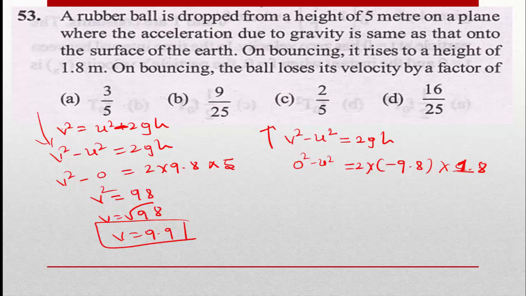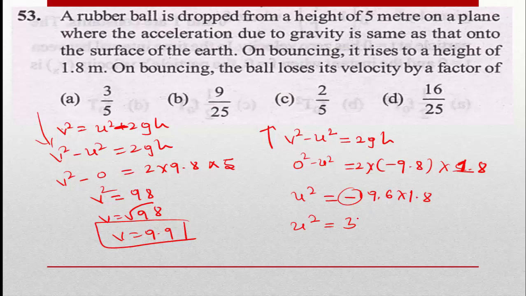Therefore, u square is equal to 2 into 9.8 into 1.8. Here the negative sign indicates the opposite direction. Therefore, u square is equal to 19.6 into 1.8.